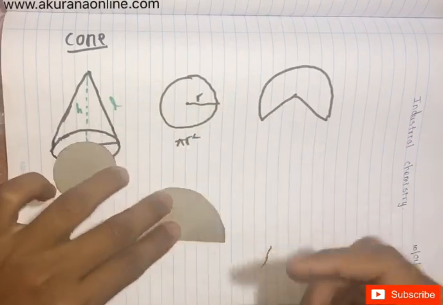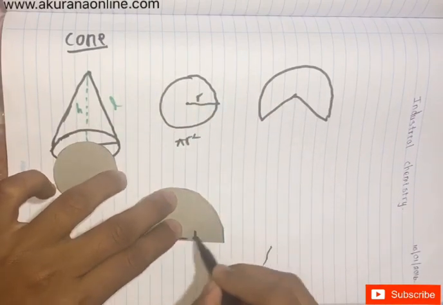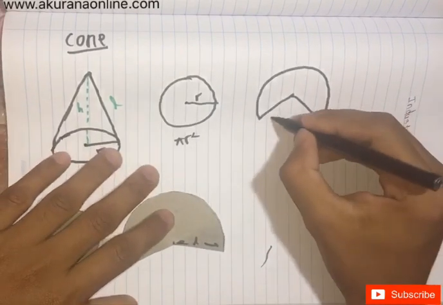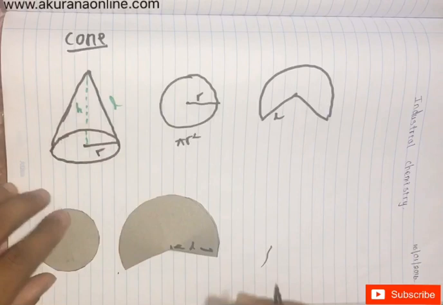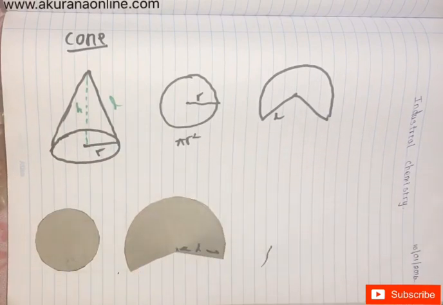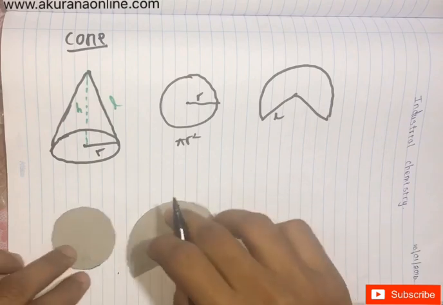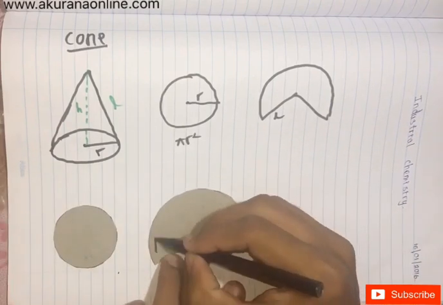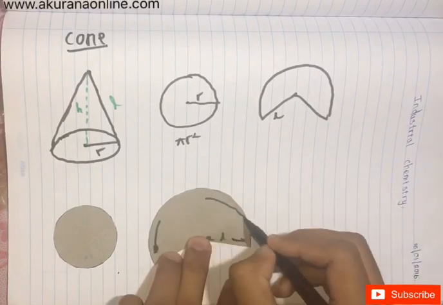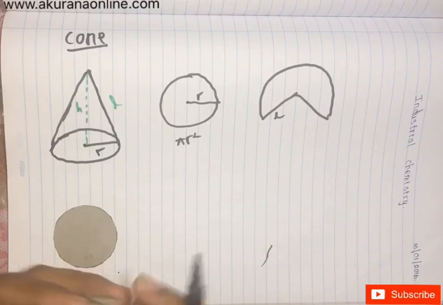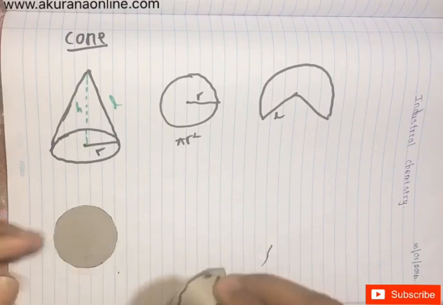Therefore the radius I will call L. Radius is L. Are you clear with this? Radius is L, and then the total circumference of this sector, it is equal to what? Observe this carefully. Say the cone is already made.